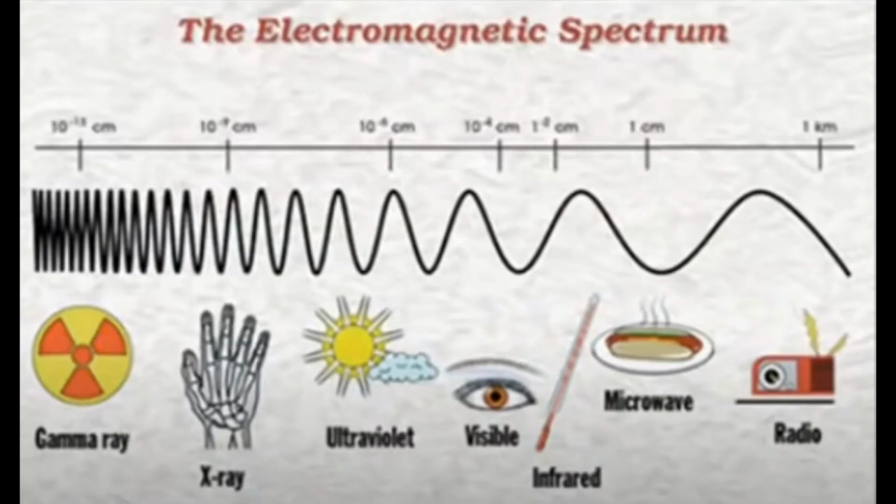This electromagnetic spectrum shows range of radiation or EM waves. Let me tell you what they are. So they are radio waves, microwaves, infrared, visible light, ultraviolet, the X-rays, and gamma rays.